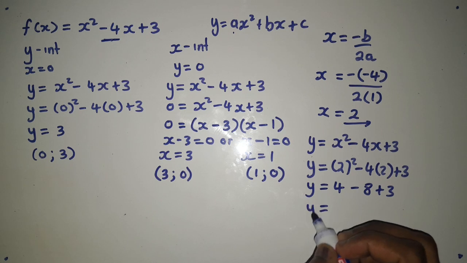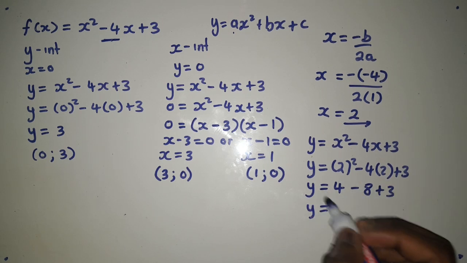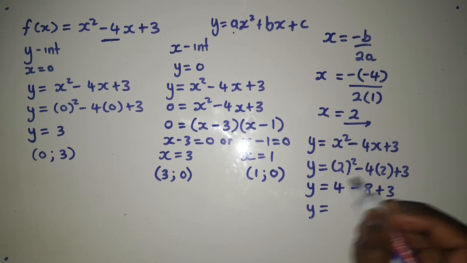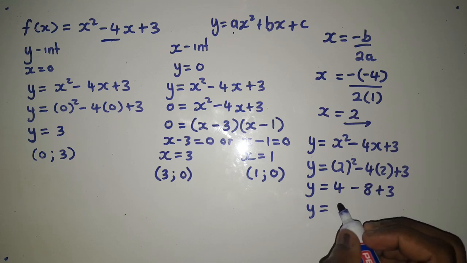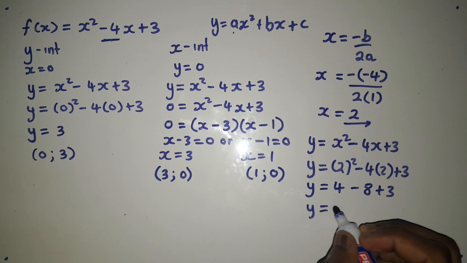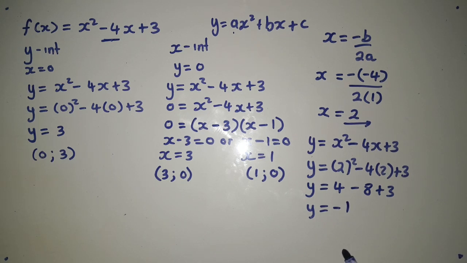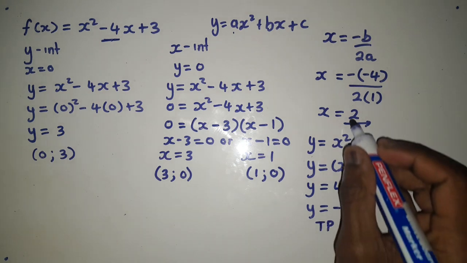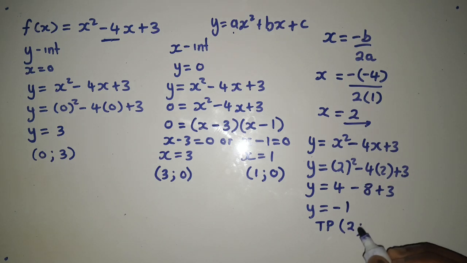Our final answer, if we use a calculator, we are going to get -4 plus 3, which is -1. Then our coordinates for the turning point will be (2, -1).